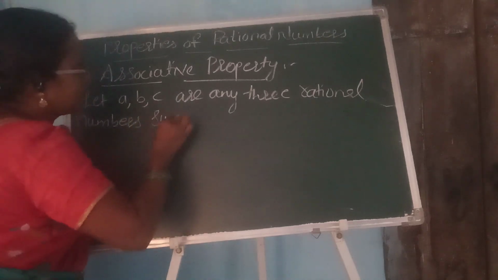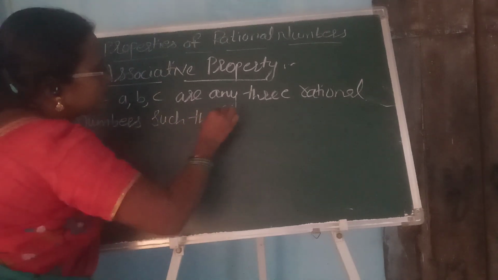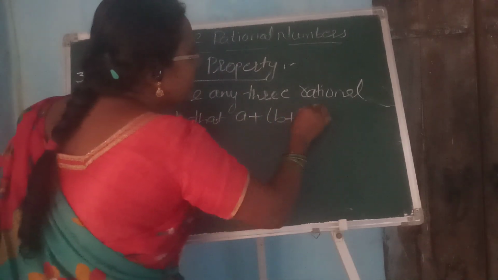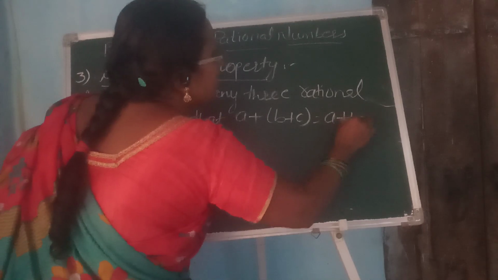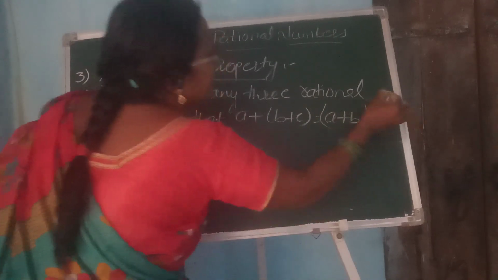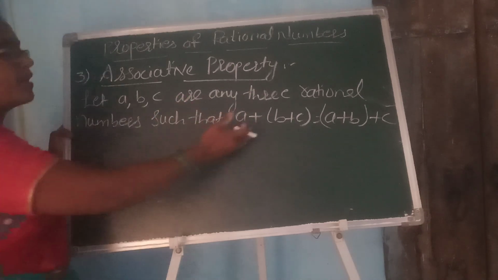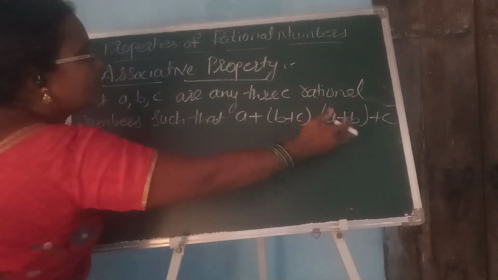such that a plus of b plus c is equal to a plus b plus c. This is the rule here. Our condition is that. So observe that a plus of b plus c is equal to a plus b plus c.